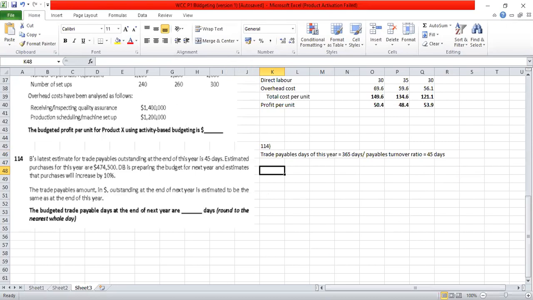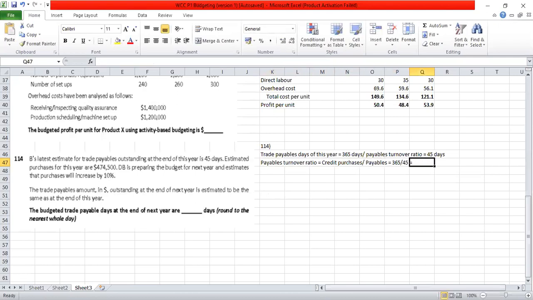Is it coming up to the same amount? Now 365 divided by 45, how much is that?